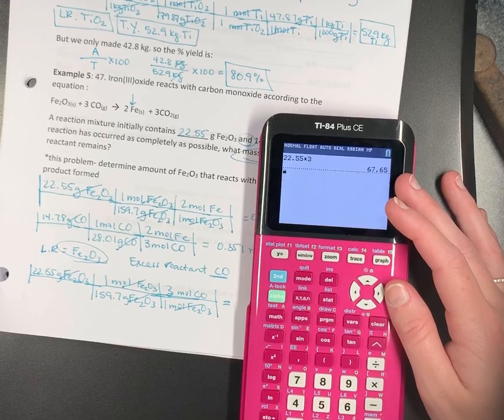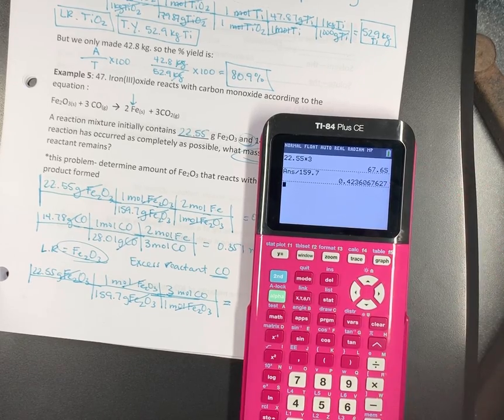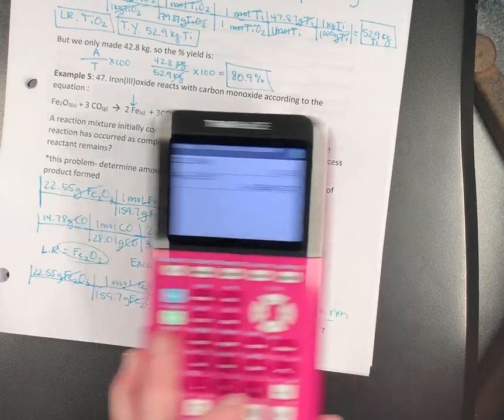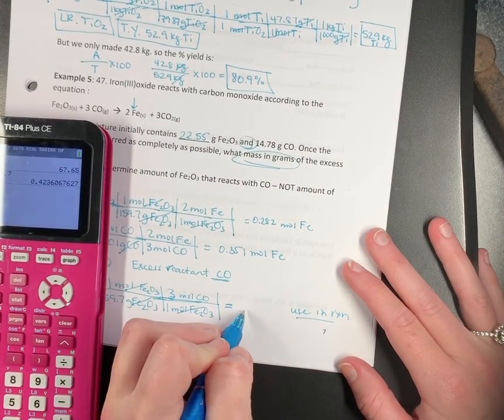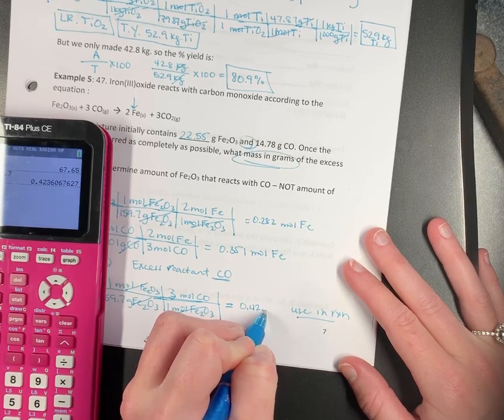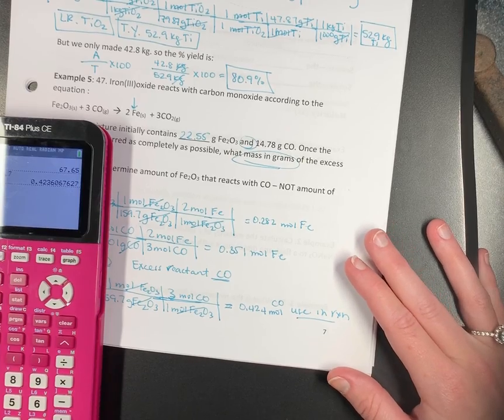Times 3. I don't like these problems very much. I don't like to ask them. They may show up on the homework, but they take too much time and space. So we are going to require 0.424 moles of carbon monoxide in this reaction.